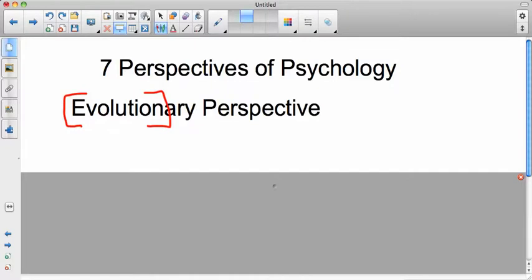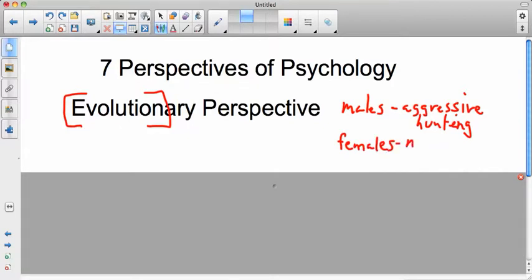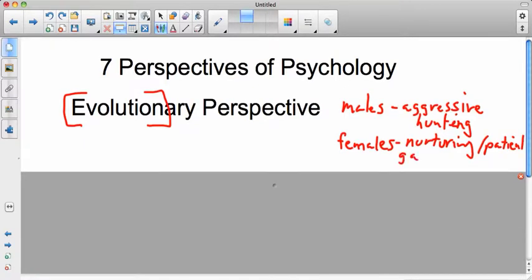And so they might observe that males are aggressive, and they may say that aggressive nature was beneficial for hunting, for instance, and that females are nurturing and patient. And these skills might have been more beneficial for gathering in the evolutionary scale.